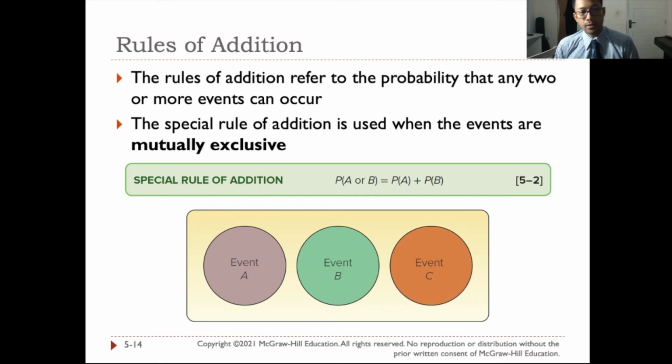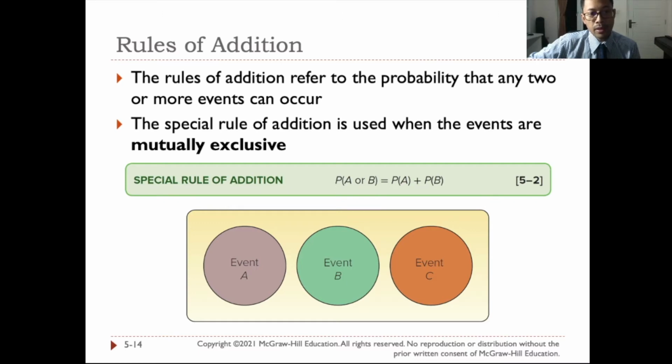Now, let's talk about calculating probabilities. So there are going to be calculating probabilities using the rules of addition. There's going to be a separate discussion on the calculation of probabilities using the rules of multiplication. So the rules of addition refer to the probability that any two or more than two events can occur. The special rule of addition is used when the events are mutually exclusive.